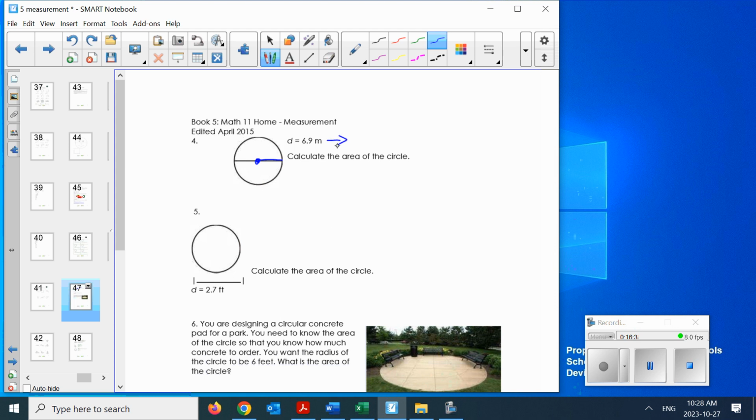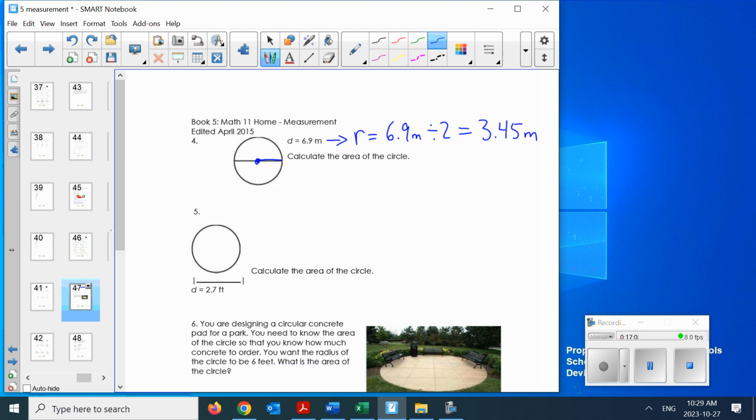First thing you need to do is find the radius. Use a calculator, and I'll use a calculator. 6.9 divided by 2 is 3.45 meters.